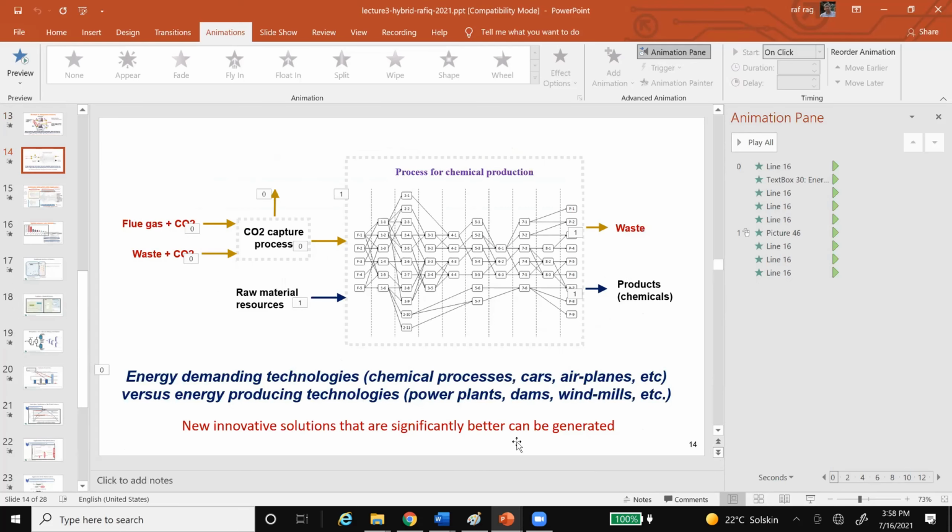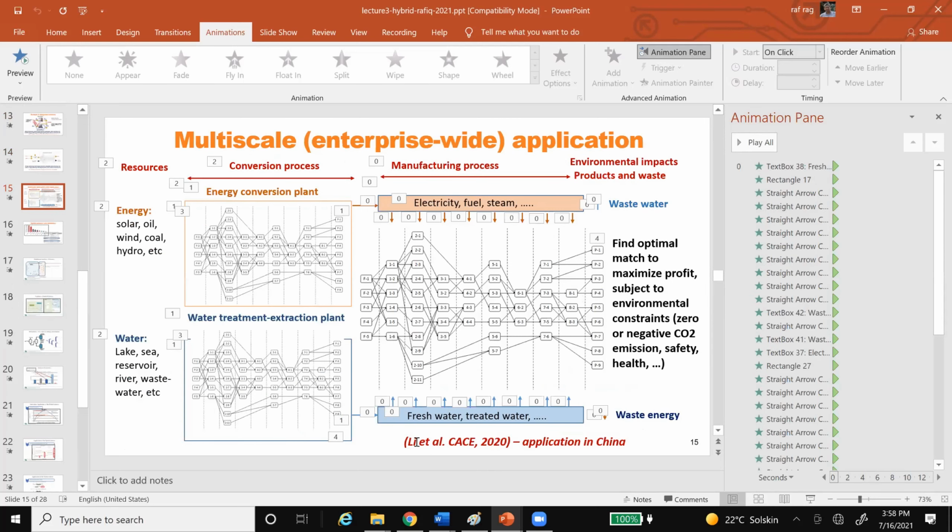It was published in 2020. I think if you look for Lee et al., that is Lee, and then Ghani, I'm the last author, Computers and Chemical Engineering 2020, you will find the paper. It is also listed at the end in the list of references. And now we have solved this problem with uncertainty included in it also.